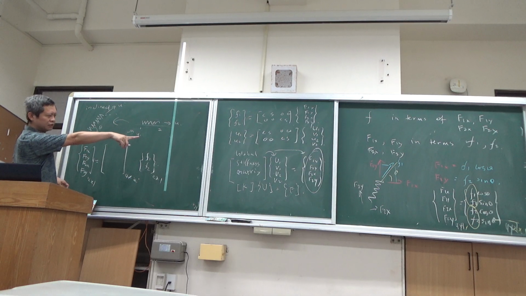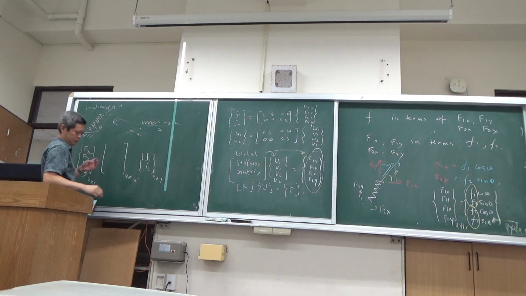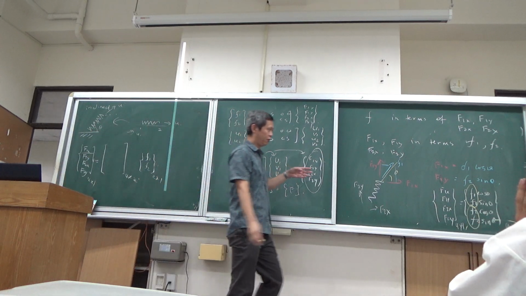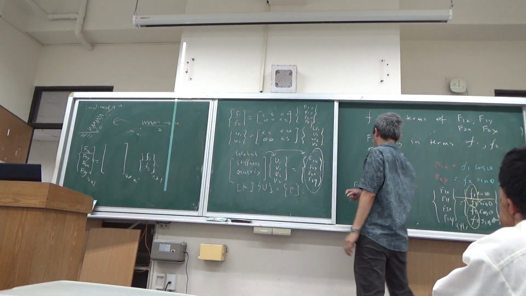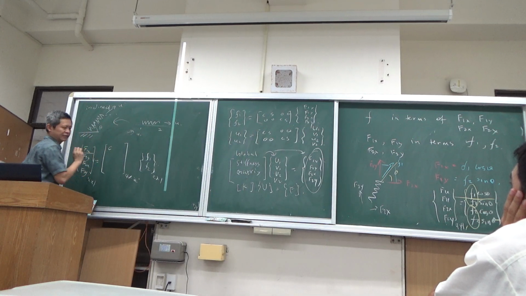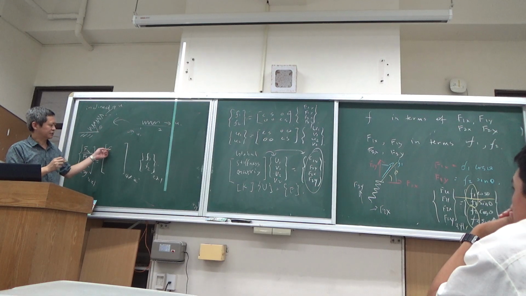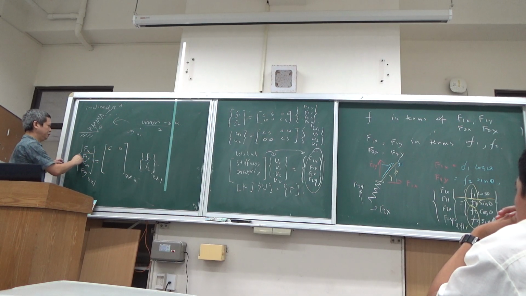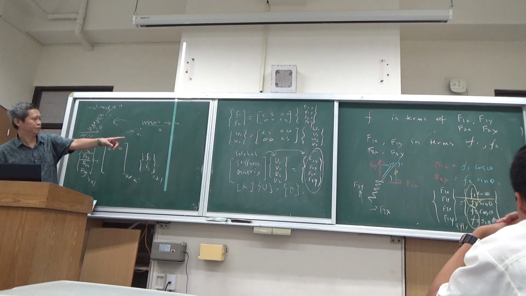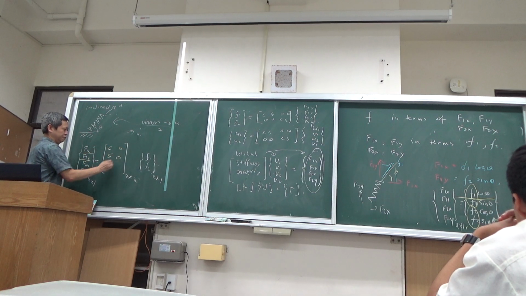So look at the equation here. The first row is coming from F1 cosine. Let me write C for cosine. I only have cosine times F1, that's it. And the second row, sine times F1.